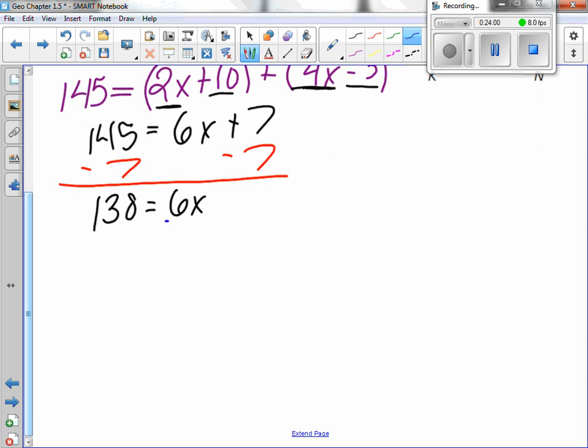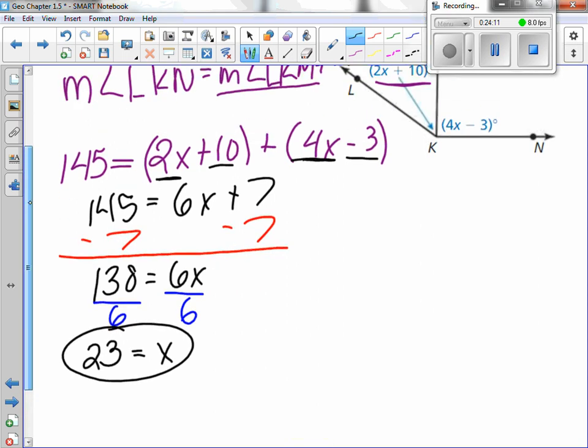And divide by 6. Was everybody able to keep up with that? Yes? Yes?